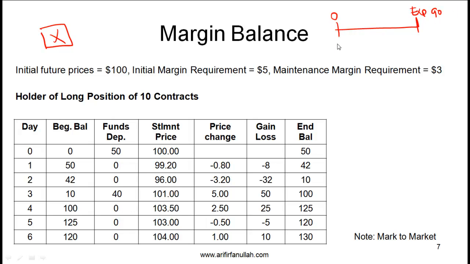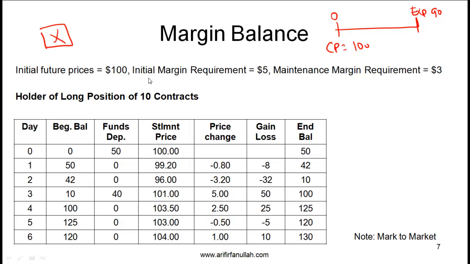When you get into this contract, the contract price or the initial price is equal to 100. So if you are a long party, then for one contract you are going to have to pay $100 at expiry. So you will pay the $100 and you will get X at expiry.